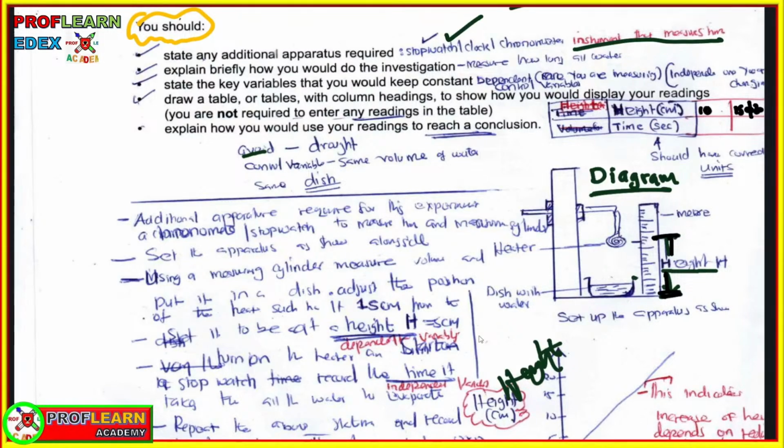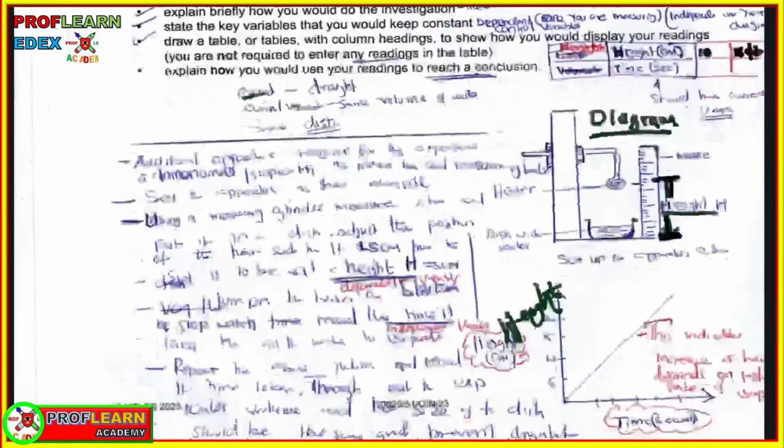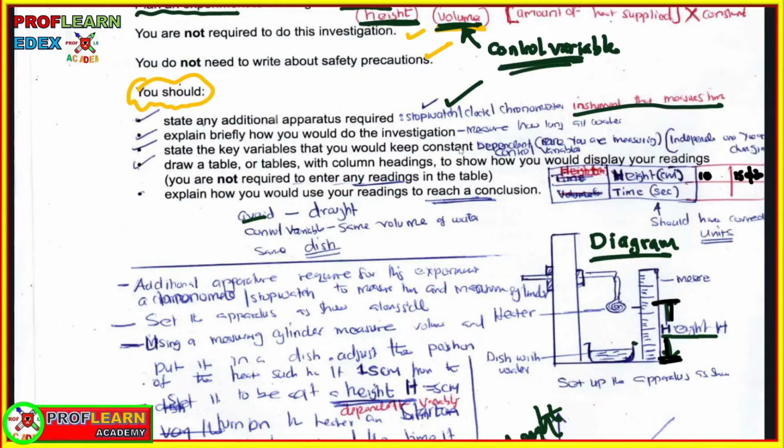And at that point, you also need to mention, because you are told to state the key variables that you will keep constant. These are the control variables, those that can affect the experiment. For my case here, what I'm going to keep constant is the volume of water that I'm evaporating.